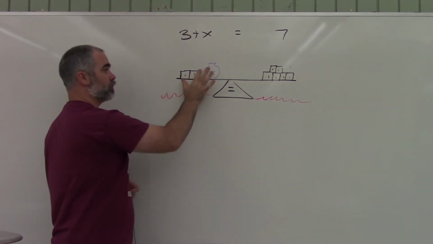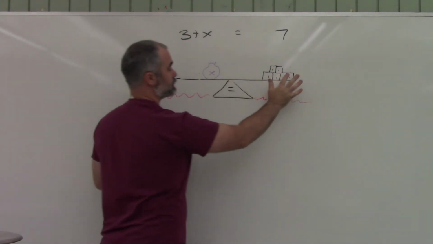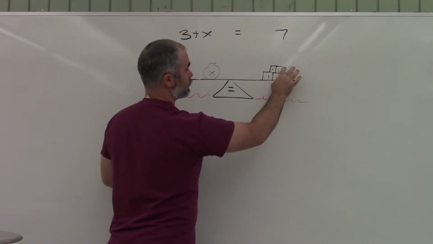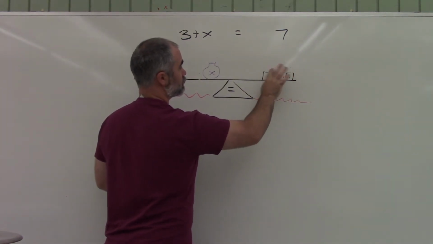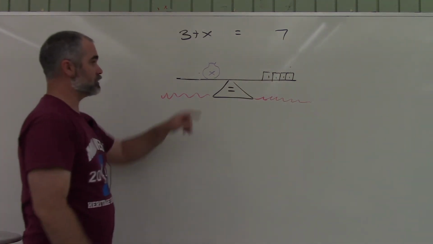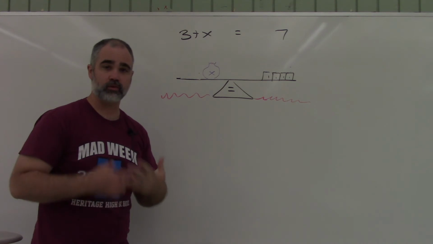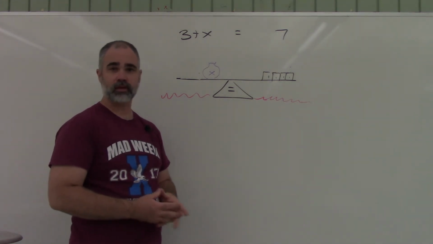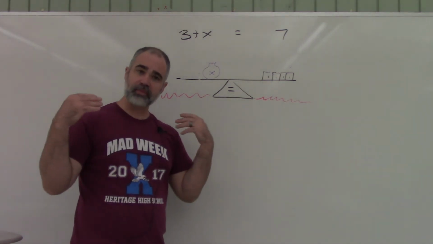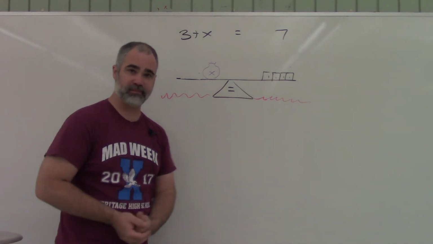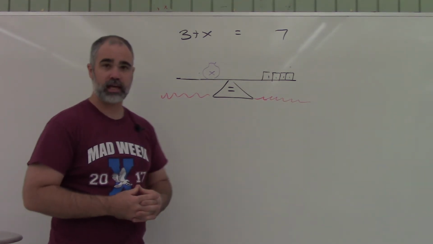If I take all 3 away over here, I need to take the 3 away over here. All right, and so now you have the X by itself on one side equals the 4 blocks left. Okay, I want you to think about that. Think about the equal sign being a balance beam rather than an answer.